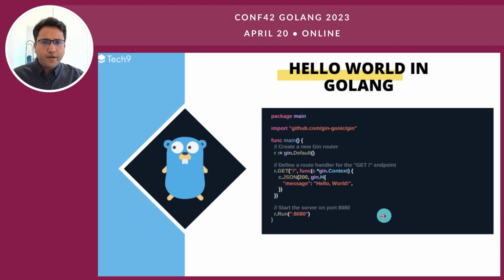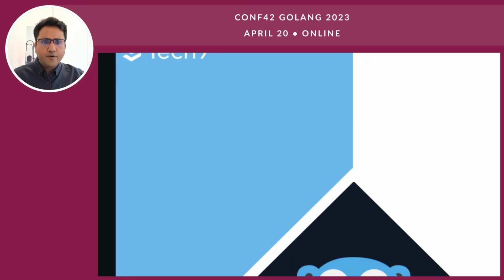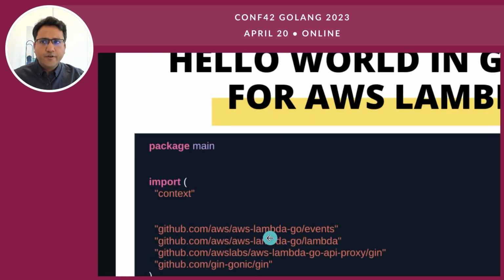Now, when you want to port a similar application to AWS Lambda, we need to make a couple of more changes. We are going to use the Gin framework for the routing. We need to import multiple libraries like aws-lambda-go events, aws-lambda-go lambda, and then we are going to use the Lambda Go API proxy.